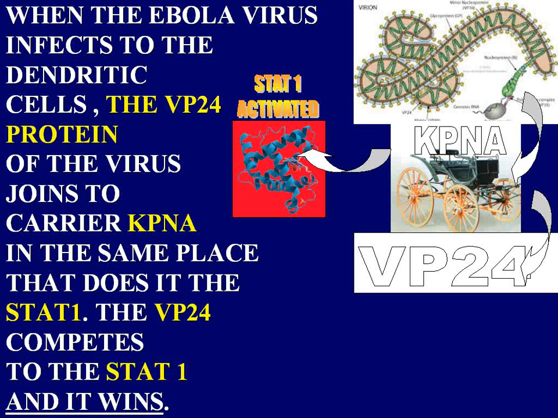When the Ebola virus infects the dendritic cells, the VP24 protein of the virus joins to the carrier KPNA in the same place that the STAT1 does. The VP24 competes with the STAT1 and it wins.